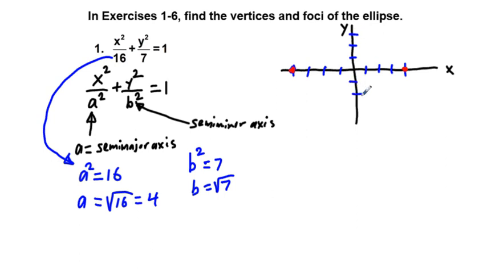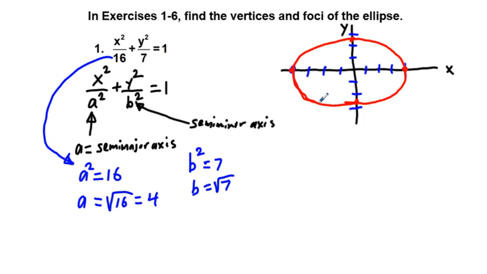Just estimating, it's going to be about right here. So if we draw out the ellipse, we're going to see something like this. It goes up here and has sort of an oval shape. Your ellipse is going to look something like this.